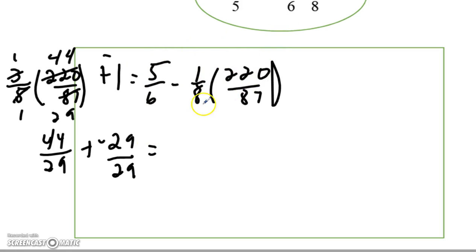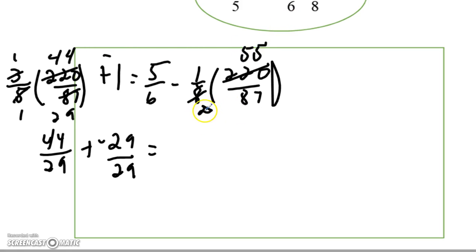Before I work on the right side, I am going to reduce any fractions here on the right. 220 cannot be divided by 8, but it can be divided by 4. So 8 divided by 4 is 2. 220 divided by 4 is 55.